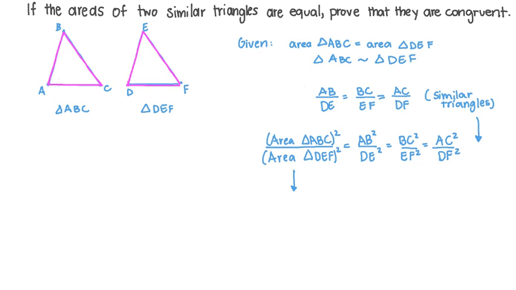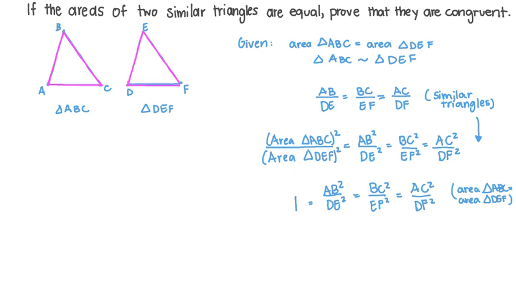What we can say now is that the area of triangle ABC over the area of triangle DEF must be equal to 1. It must be equal to 1 because we were already told that the areas are equal, and anything over itself equals 1. What we have now is the ratio of a side squared over its corresponding side squared must be equal to 1.